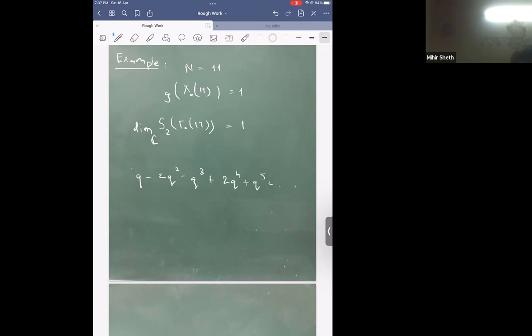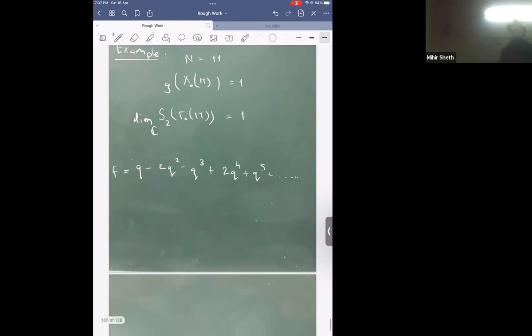So this is my f here, and now I want to convince you that the image of phi_f is a lattice in C. This is what we want to show.